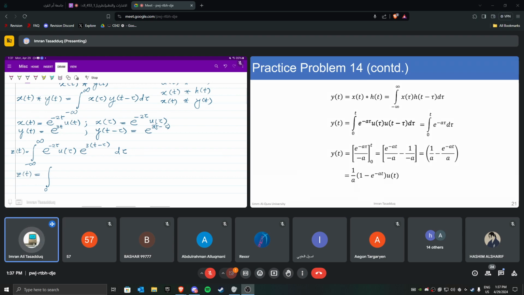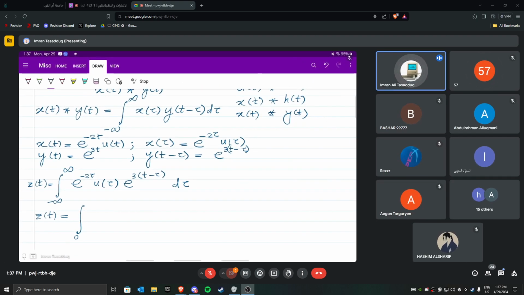We decided the upper limit last time because we had a u of t minus tau, and we knew that when tau becomes more than t, this u of t minus tau becomes zero, because t minus tau becomes negative. So that's why we did not let tau go beyond t, so it was t. Now in our problem, you can see that here there is no u of t minus tau.